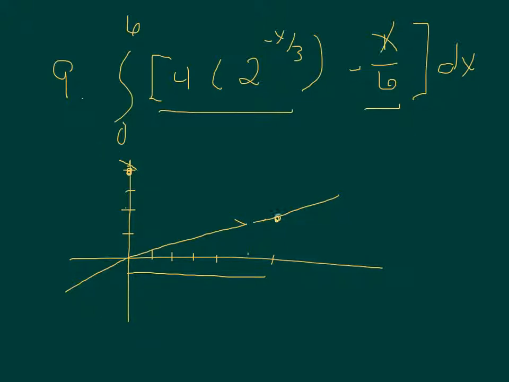If we're looking at the area between 0 and 6, then this is the area. That would be the graph. Oh, I colored in the wrong area.